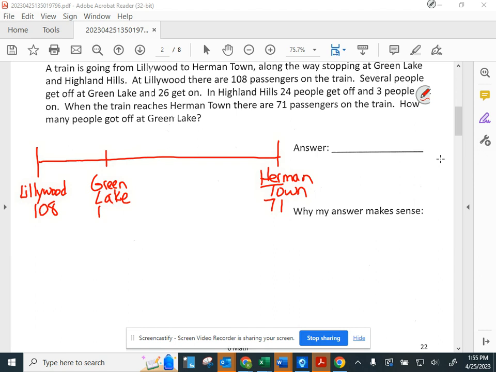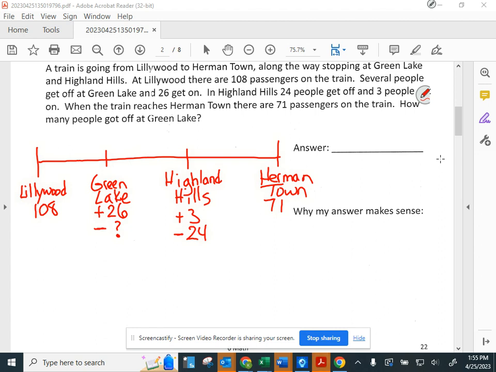We know that 26 passengers get on. How many get off is our question. Then we stop at Highland Hills. We know that 3 passengers get on the train and that 24 passengers get off of the train.